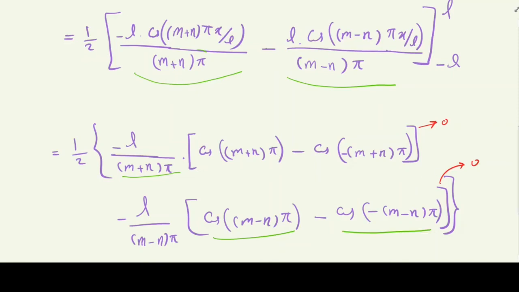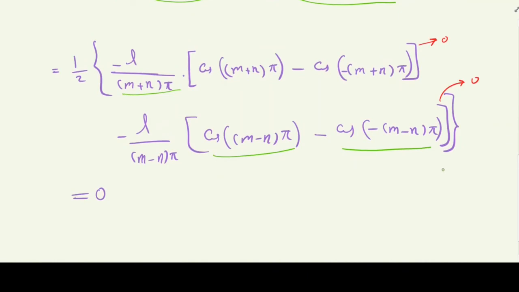So now we need to evaluate this new equation, and it's going to be also 0. And the reason for that is that we said that cosine of minus alpha is going to be equal to cosine alpha, right? So if you look at here, for example, it's going to be n plus m times pi, cosine of that, minus cosine of just the negative of that argument.